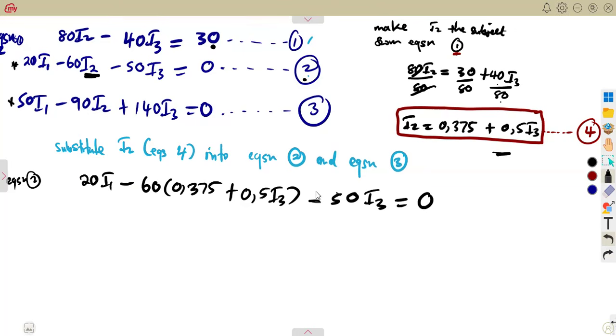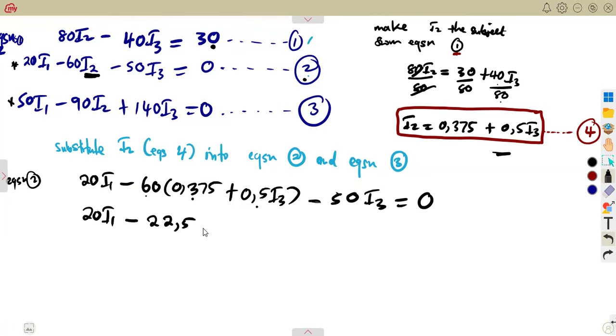Thus, we have formed an equation. Let's see what we are remaining with. Let's simplify first. You are going to obtain 20 I1, then negative 60 times 0.375, that's negative 22.5.